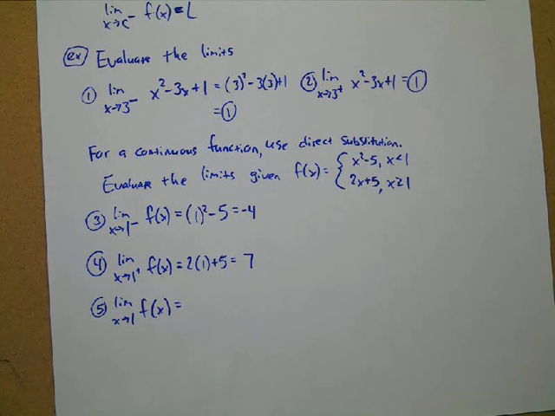Right at 1, if we are exactly at 1, 2x plus 5 would be the function that we go to. But remember, we are approaching 1 here, which means we are approaching 1 both from the left and from the right. From the left, as we approach 1, we're at -4. From the right, as we approach 1, we're at 7. So then the overall limit is going to be what?